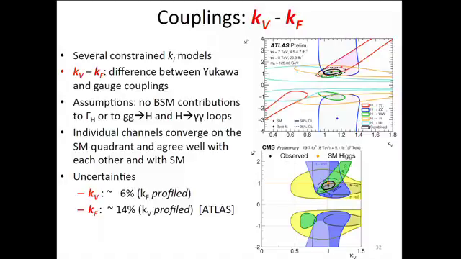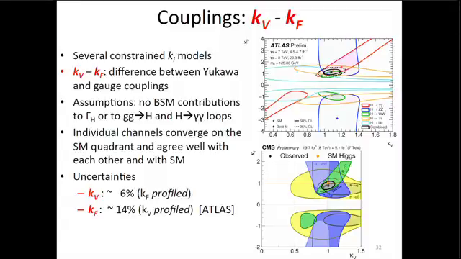For example, you can assume that all the couplings to vectors are the same and have the same scaling, and all the couplings to fermions have the same scaling. And this goes to the kappa_V, kappa_F plane, where you can see the difference between Yukawa and gauge couplings.